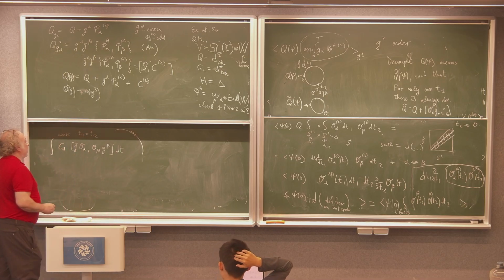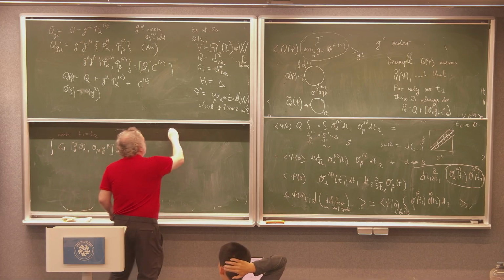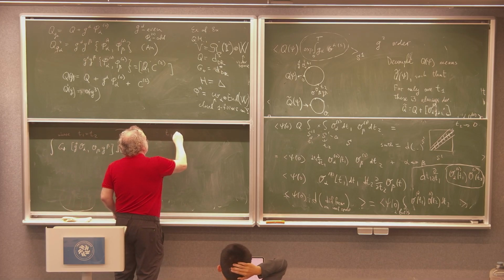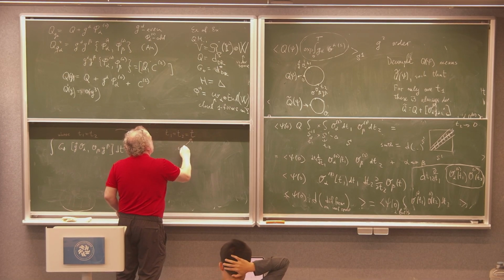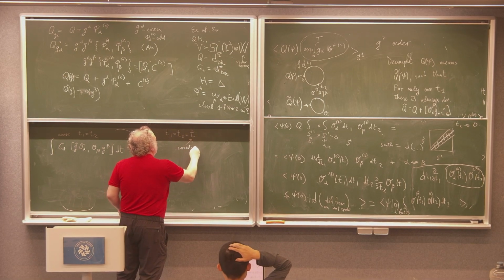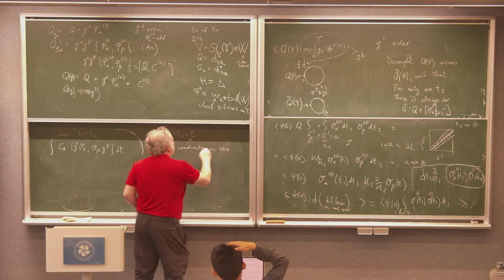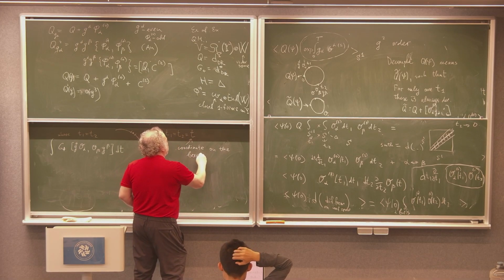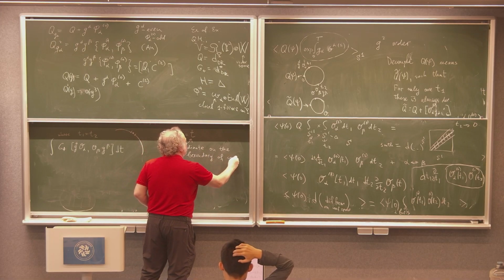And we are integrating it over dt. So what is this t? It's a coordinate on the boundary of configuration space.